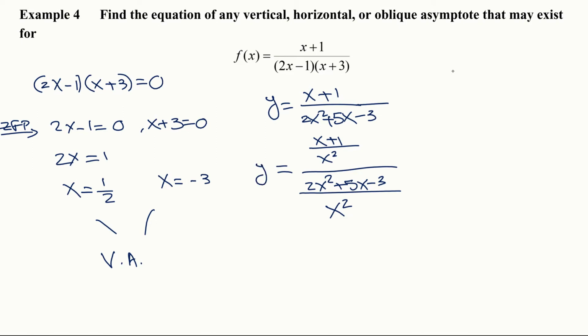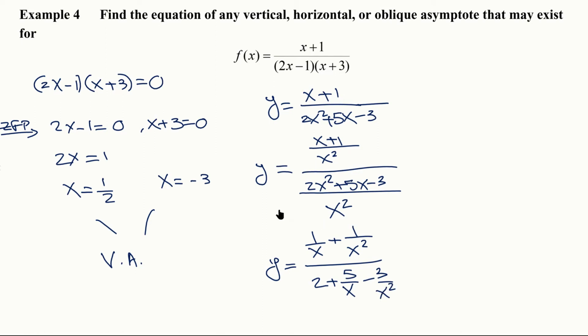So we end up with y equals 1 over x plus 1 over x squared, right? Over 2 plus 5 over x minus 3 over x squared.